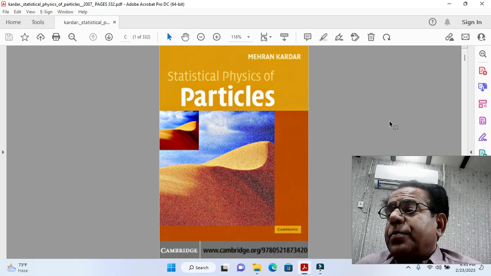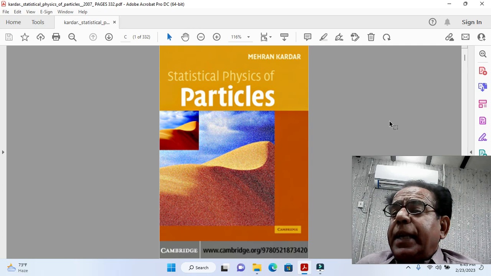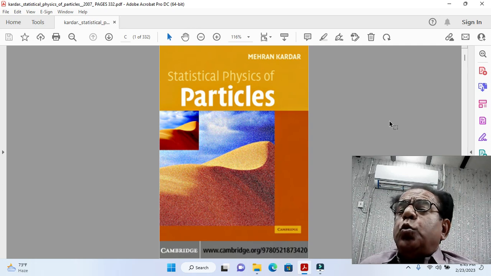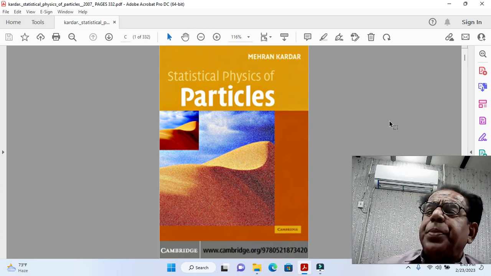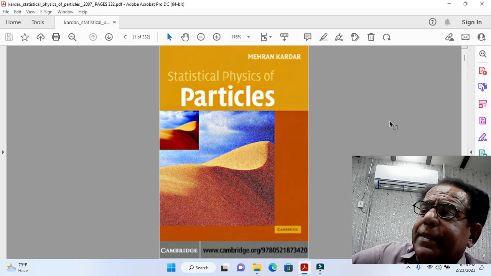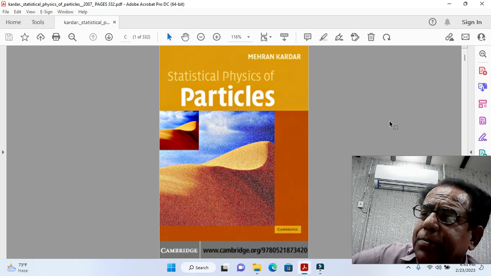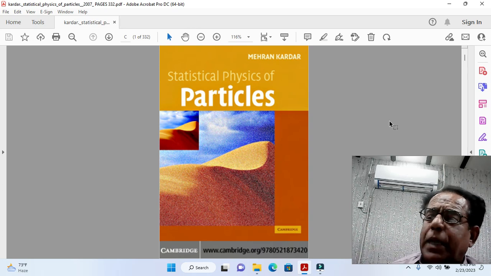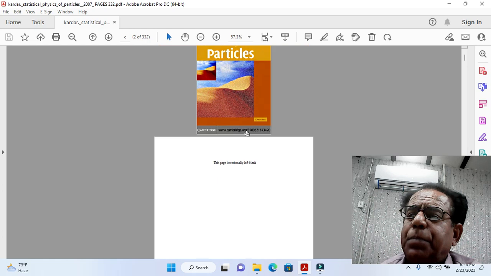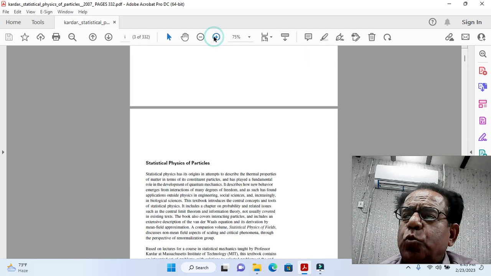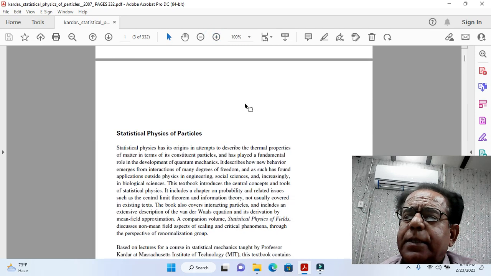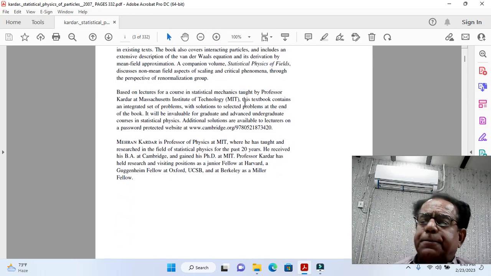Okay, this book relates to two types of group of books: statistical physics or statistical mechanics one type, and particle physics second type. Cambridge University Press is its publisher. And now we move to the next page.